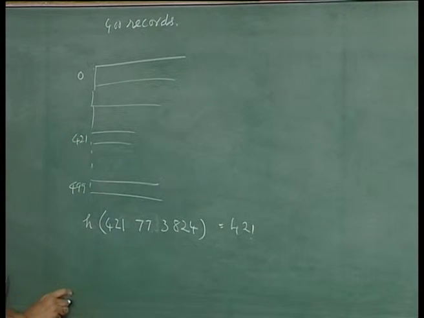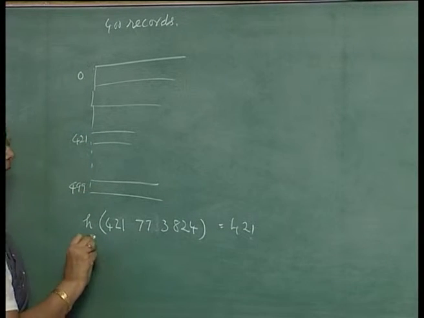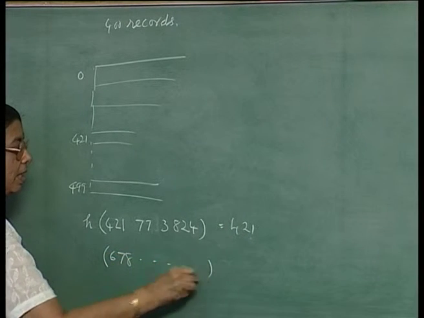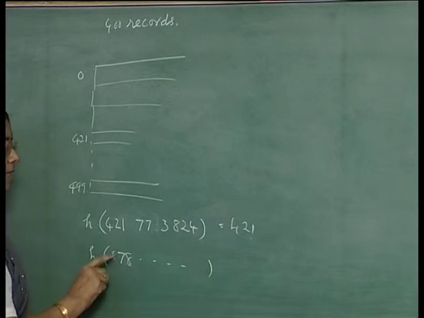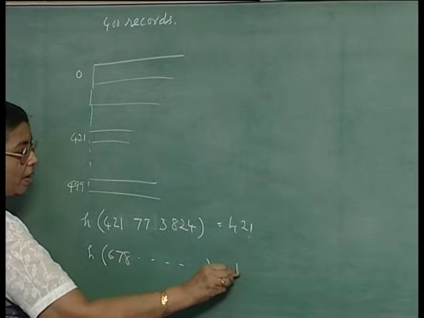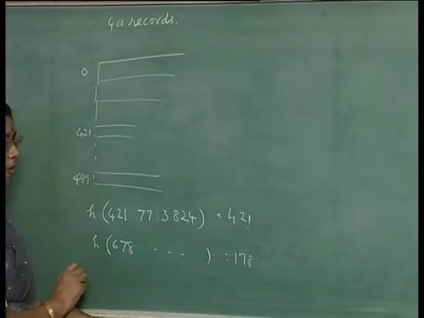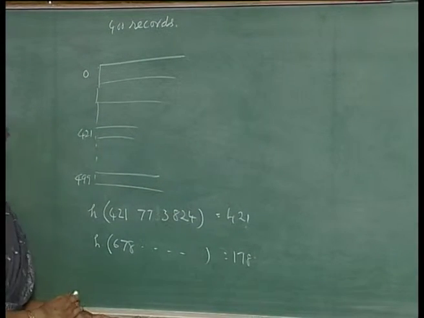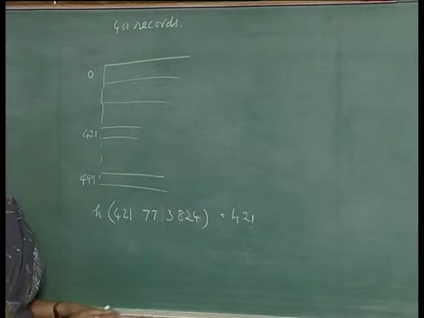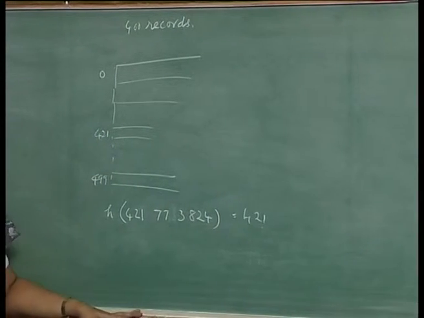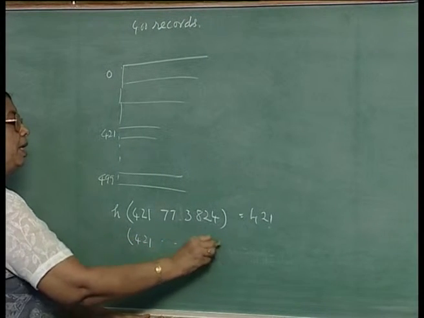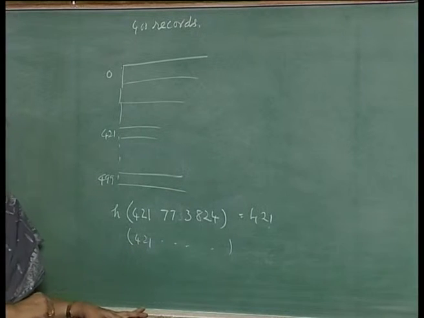Now, if it is between 500 and, suppose, 1000, say something like 678, then I can define this mod 500, that is 678 minus 500 is 178, like that you can try to define. But in many places what will happen is people belong to the same area or same locality, their social security numbers may begin with the same 3 digits.